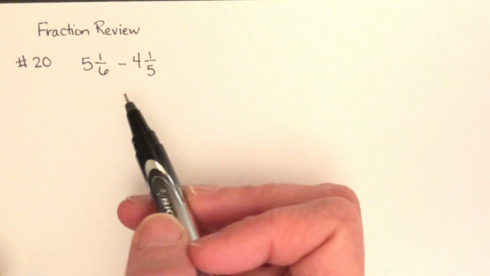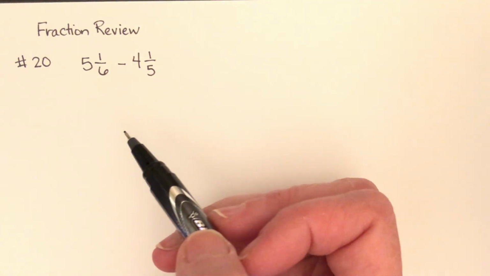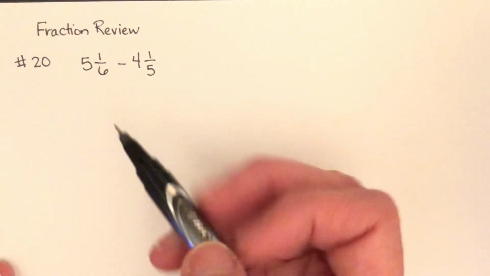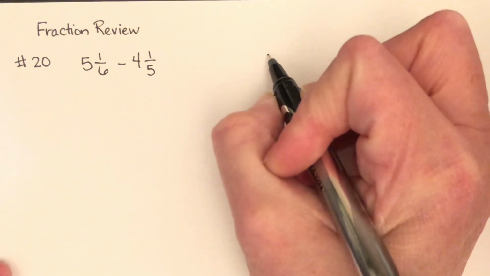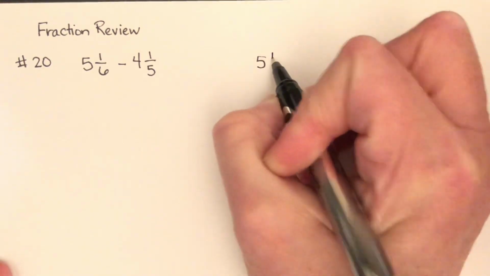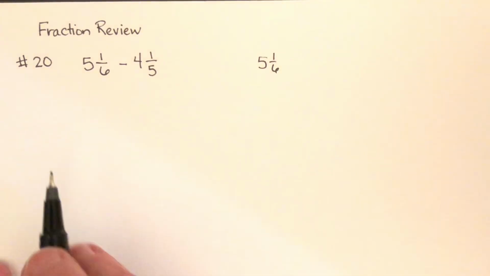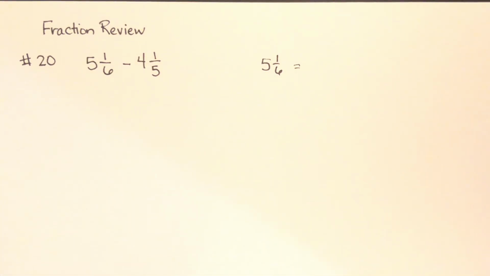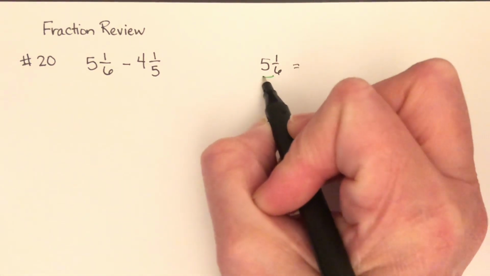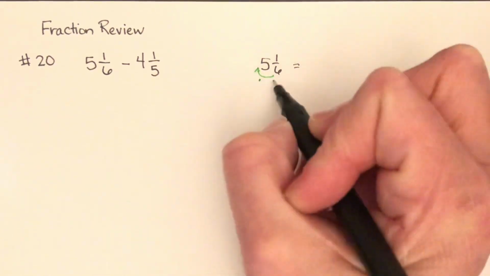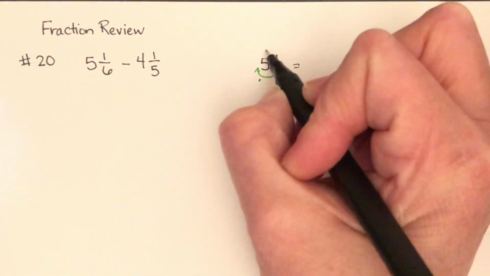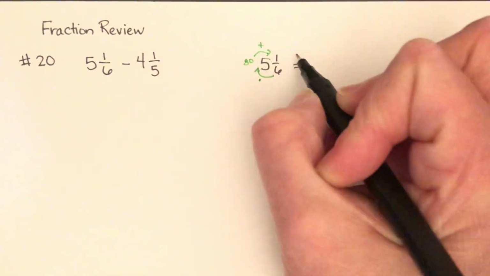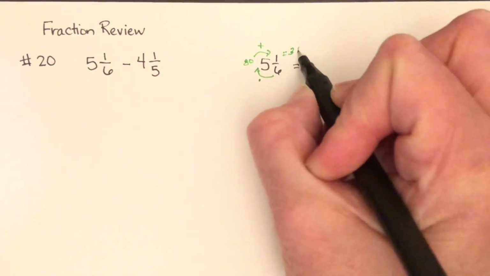What I'm going to do first is switch each of these into improper fraction form. So I'm coming over here to scratch paper and I take 5 1/6. And remember, what we do is around the world: we take 6 times 5, which gives me 30, and then add 1 to get 31.